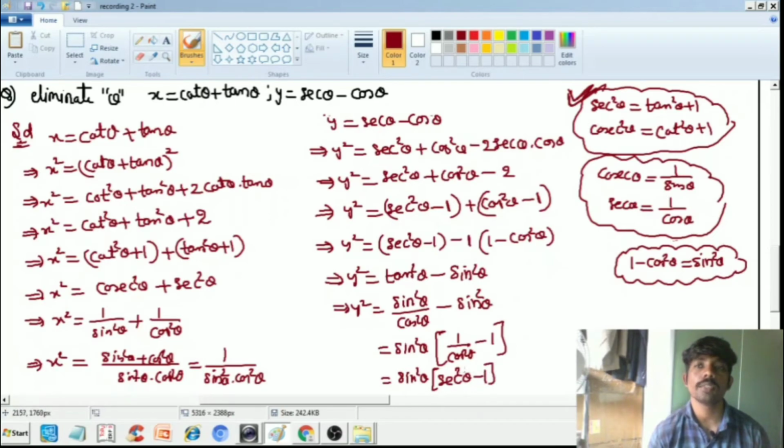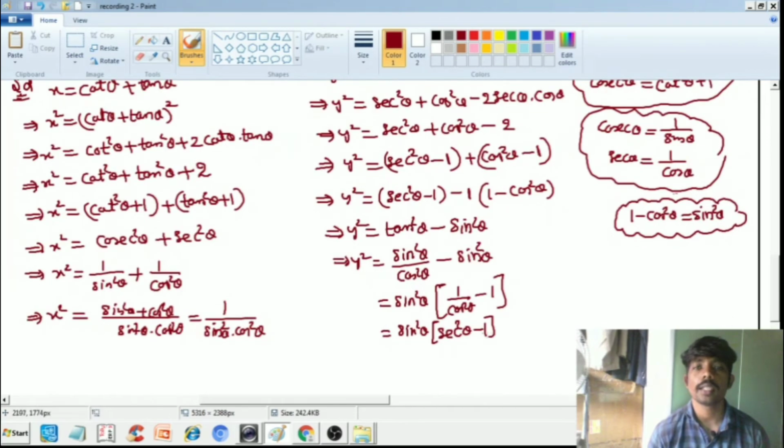Secant square minus 1 can be written as tan square, again from the same formula. I am writing tan square. Y square is equal to sin square theta into tan square theta. Hence y square I got it, x square is equal to y, I got it.